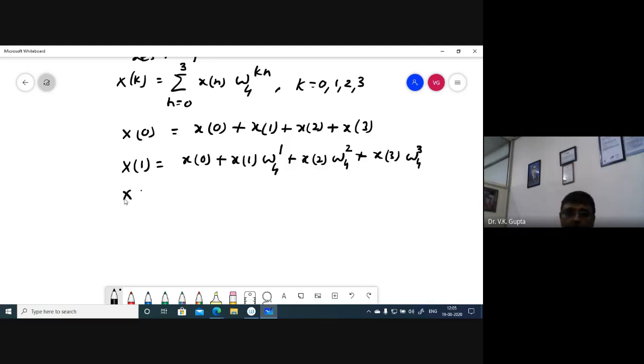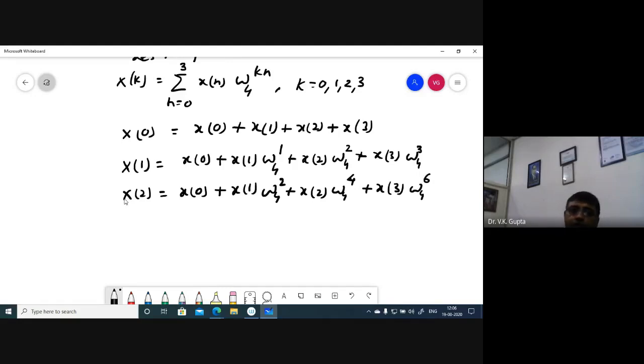Then X(2) will be x0 plus x1 W_4^2, 2 into 1, 2, plus x2 W_4^4, 2 into 2, plus x3 W_4^6, 3 into 2, 6.